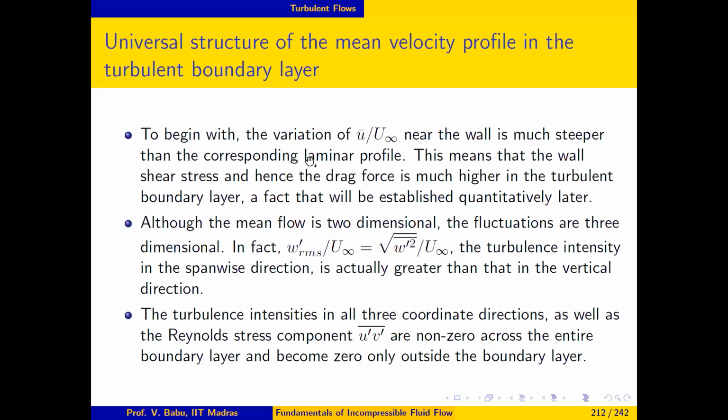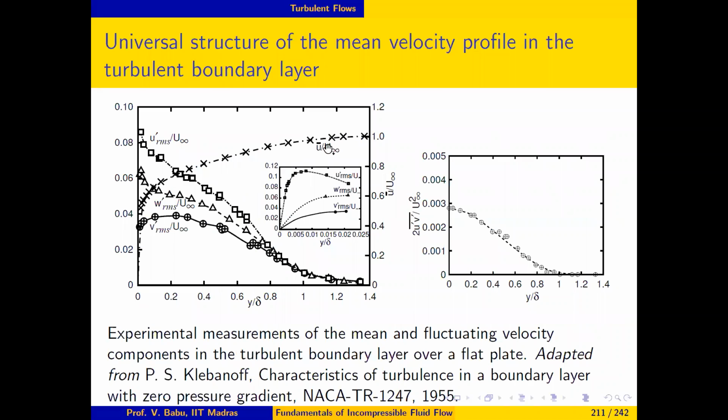The first point is that the variation of the mean velocity u over u infinity near the wall is much steeper than the corresponding laminar profile. So we can see that u over u infinity drops very rapidly within a very small distance. For instance, it's about 0.6 here, and then drops to 0 within a distance y over delta of approximately 0.005.